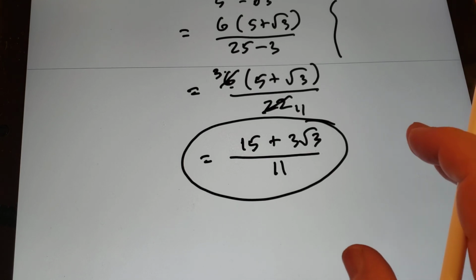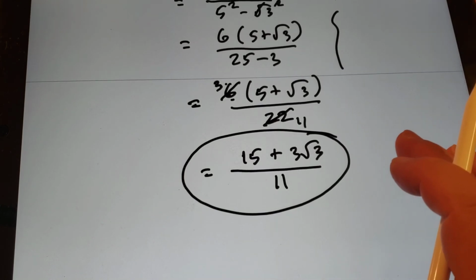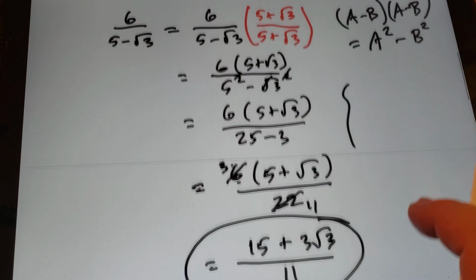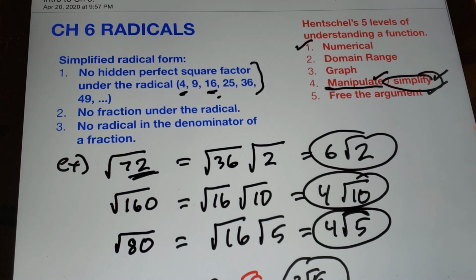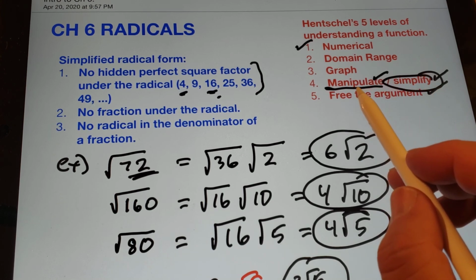All right. So I hope you understand something. It's almost hard to say where we were on this function. On my outline anyhow, we were simplifying. But in order to simplify, we had to manipulate.